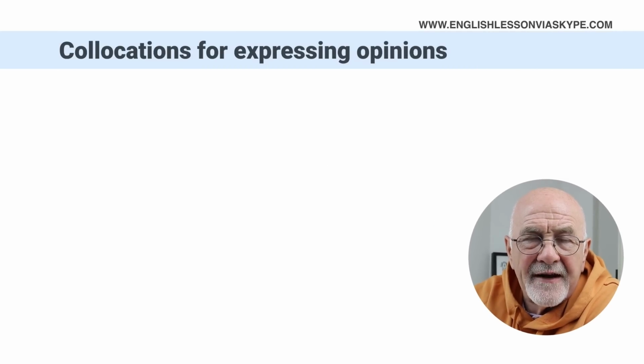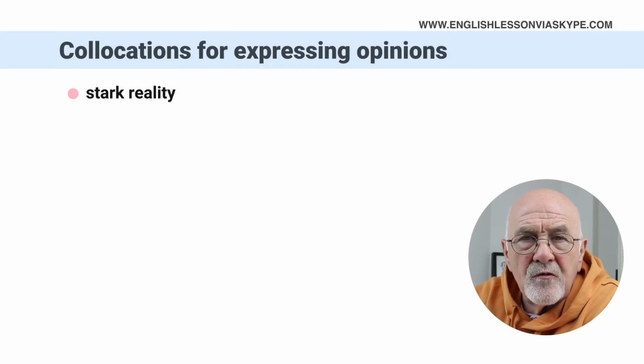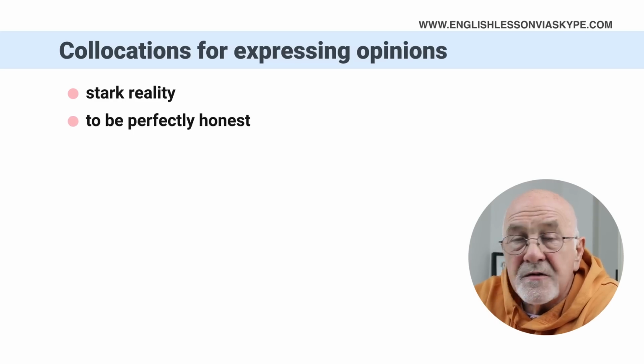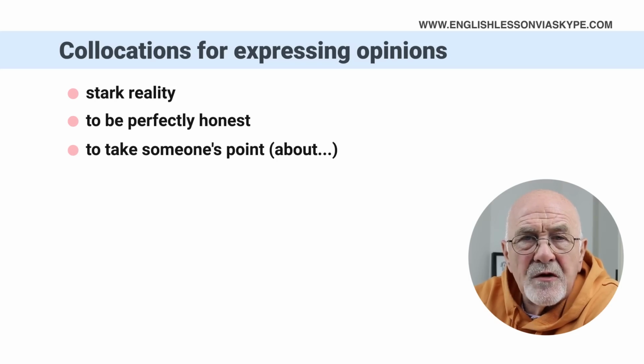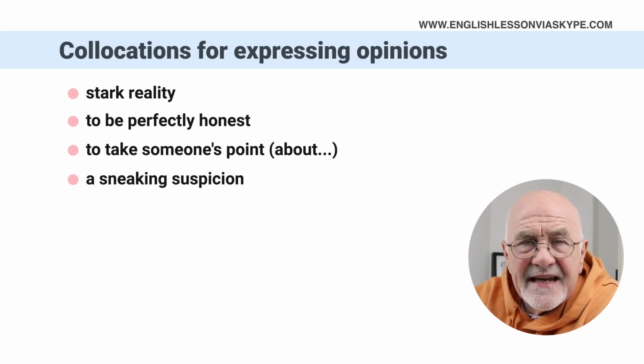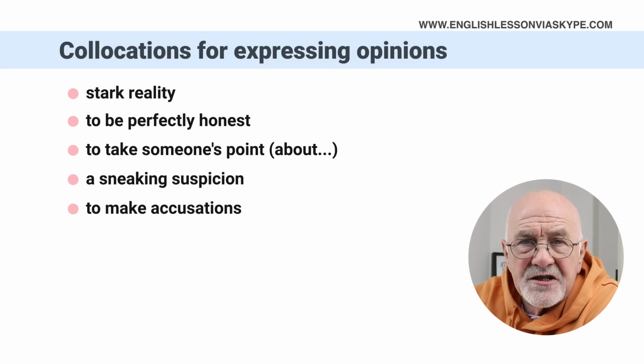So here we go. I've got a list. This time I've got 10. I'll go through them one by one and let you work them out for yourself. Okay, so here we go. Stark reality. To be perfectly honest. To take someone's point about something. A sneaking suspicion. To make accusations.